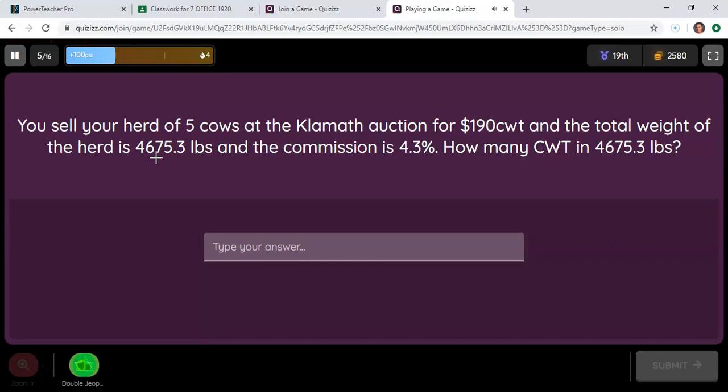If you divide that by 100, the effect is to move that decimal place 2 places over, 1, 2, and that would give you 46.753 CWT. So you would go ahead and type that in. This is a fill in the blank question. In your answer, you don't have to put the CWT; I didn't make that part of the key. So if you just put 46.753, that's what you want to put.